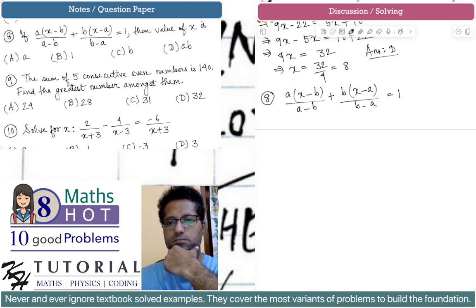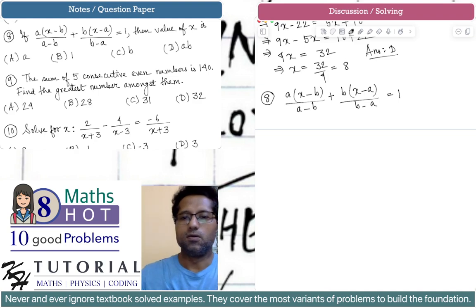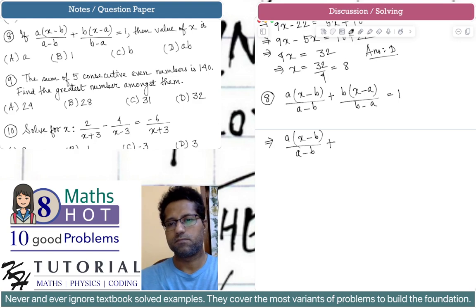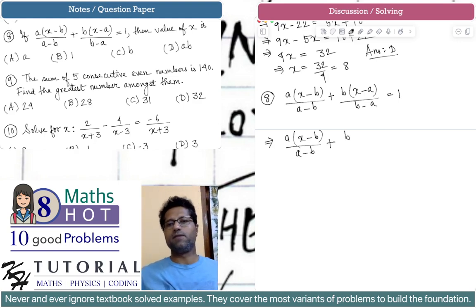So this implies a into x minus b, and we have a minus b. From the second term, a minus b and b minus a are negatives of each other.